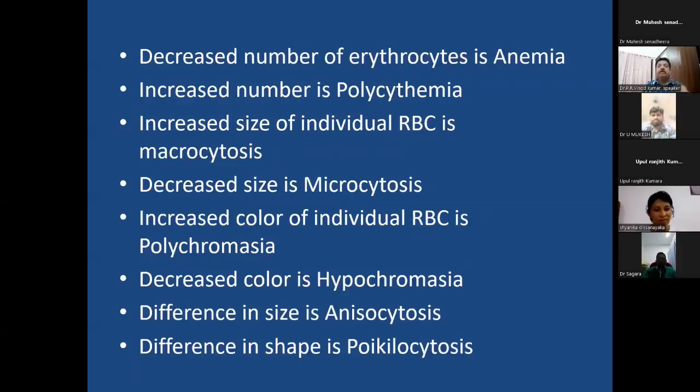So those irregular shapes can be observed. That is poikilocytosis. Difference in shape is poikilocytosis. Difference in size is anisocytosis. So anisocytosis and poikilocytosis are both attributed to anemia or hypoxemia. The disease process is going on.